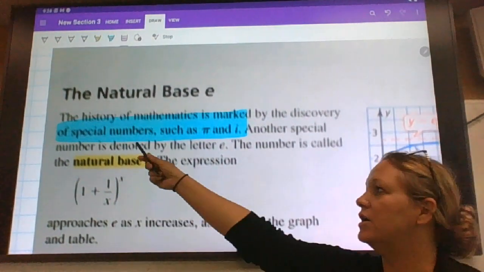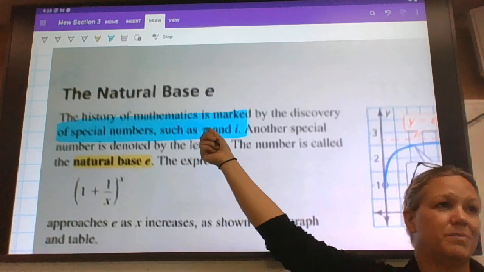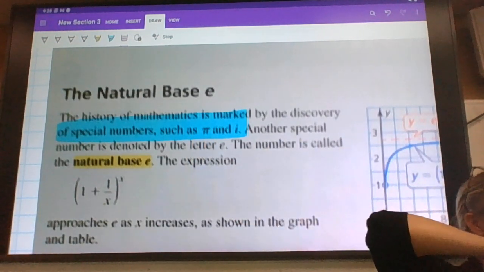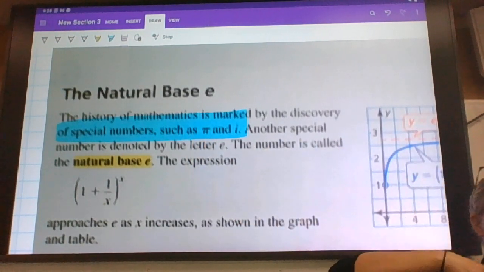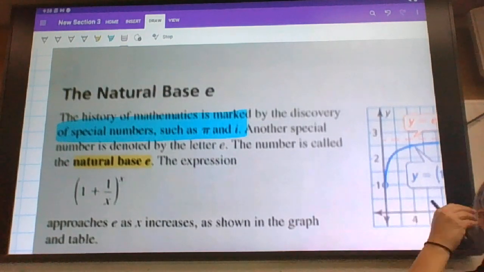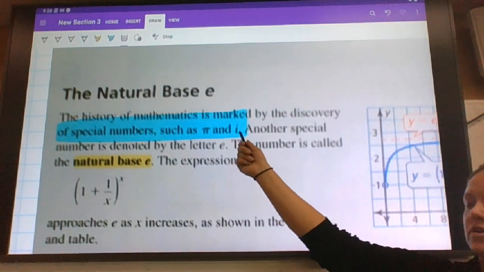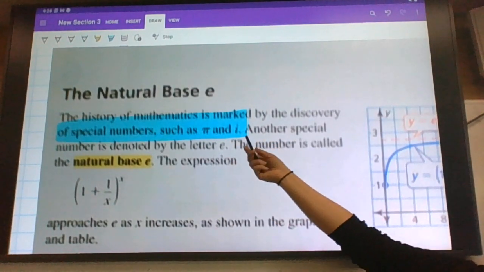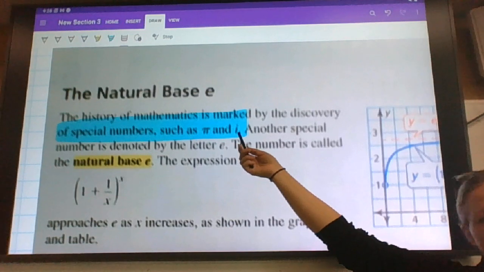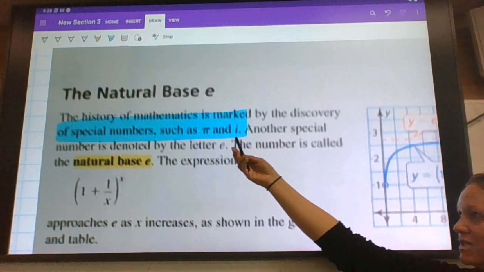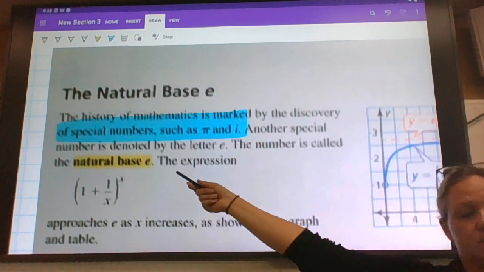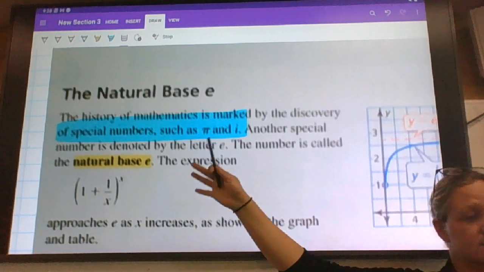E is special. Okay. It's similar to pi. Pi is a relationship between the circumference of a circle and its radius. It's just a relationship that mathematicians noticed. They noticed that ratio is always 3.14 and so forth. I is something they noticed, that you can square root a negative and it's still useful, but it doesn't really make sense to our human brains, so we call it imaginary. This is a new one. It's called E. It's just like those.